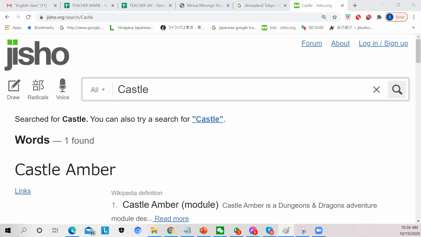Okay, dozo. So now this castle is near to Kyrene. What are we going to use here, Kyrene? Kono, sono, or ano? Kono.